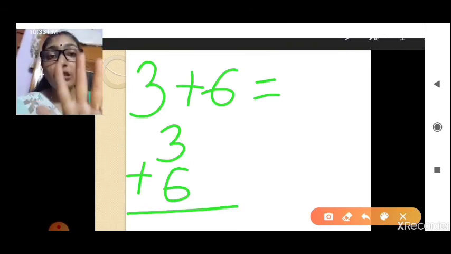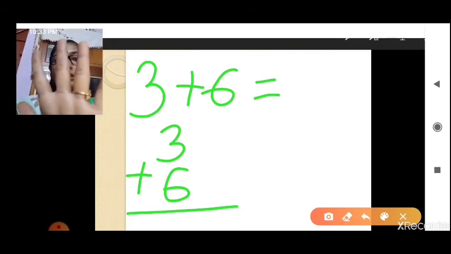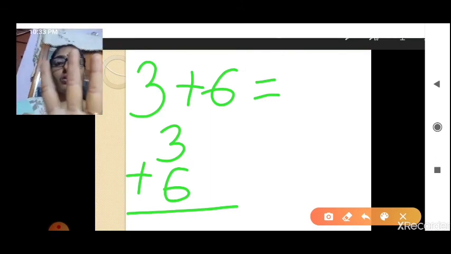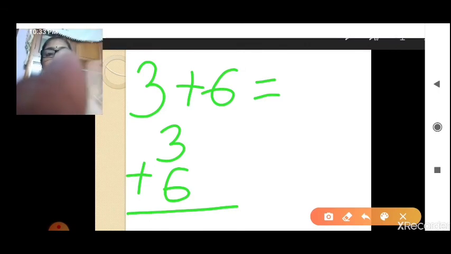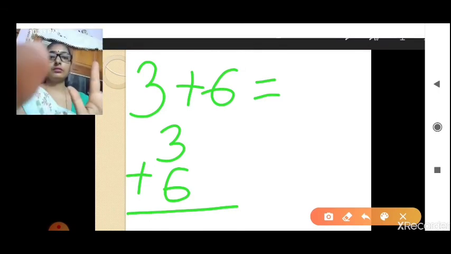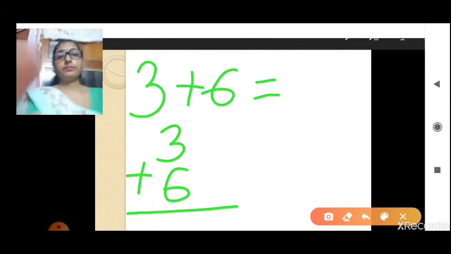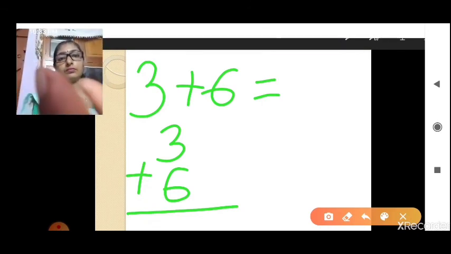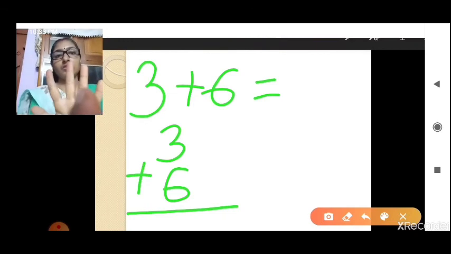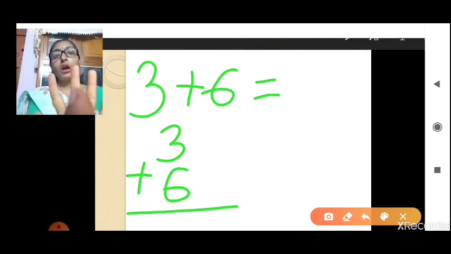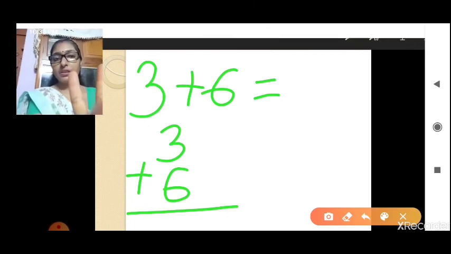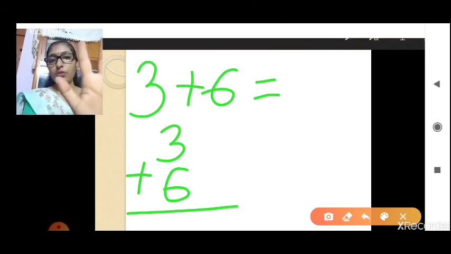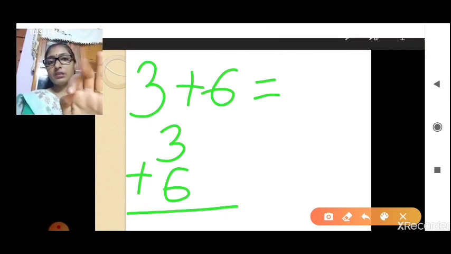Here I can't show you all the fingers, but 6, you can see. Total 6. So 3 in the mind, 6 on the finger. After 3: 4, 5, 6, 7, 8, 9.